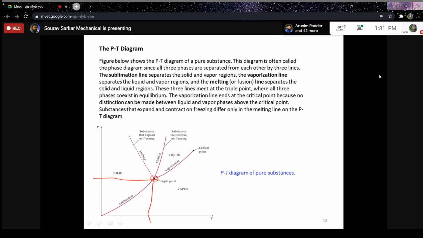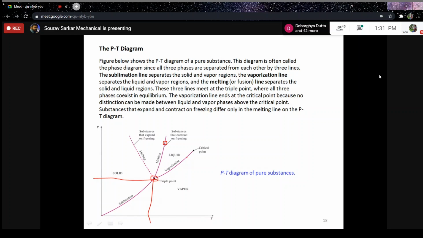So basically what I'm trying to say is, every process that we showed in the previous diagram is basically a point. Here melting starts, and here itself the melting ends.